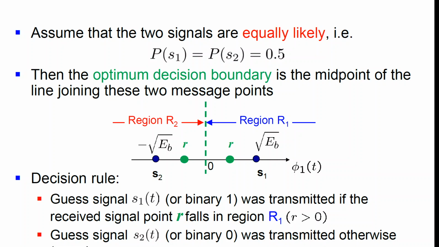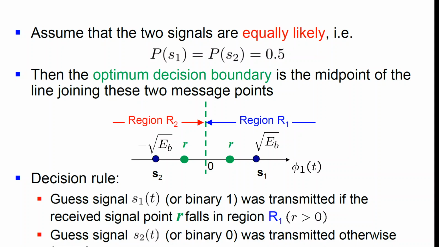Now whatever falls in region R1 is closest to S1, and in region R2 it is closest to S2. So assume that we have transmitted S1 and due to noise the position of S1 changes.